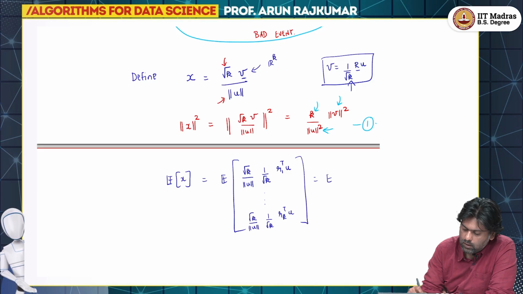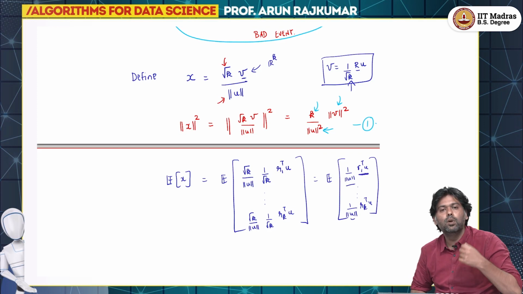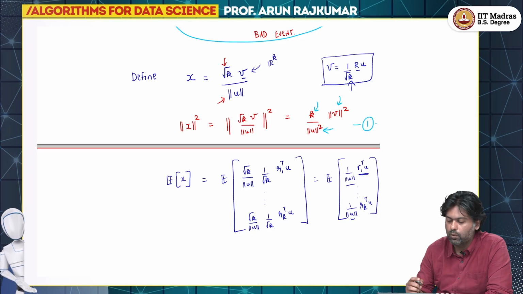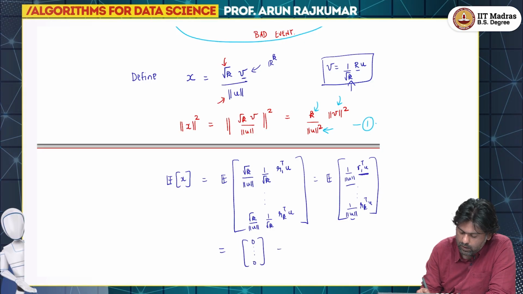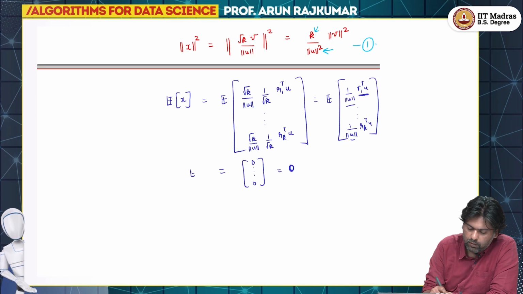Then the scaling factor is just a constant. The expected value of r1 transpose u we already know is just 0. Which means each of these components has expectation 0, which means that this is just the zero vector. So the expected value of x is 0.